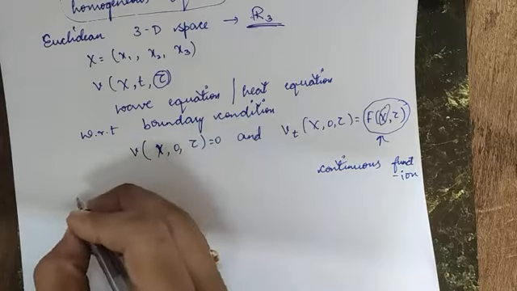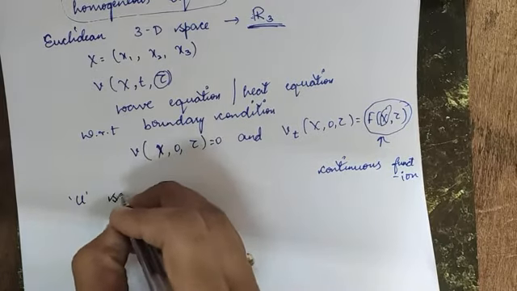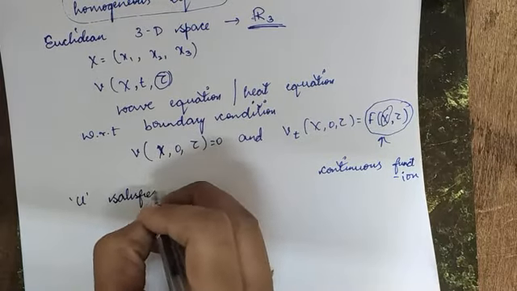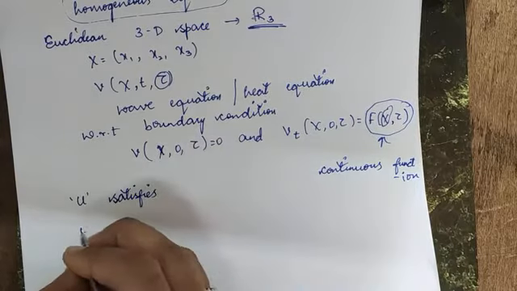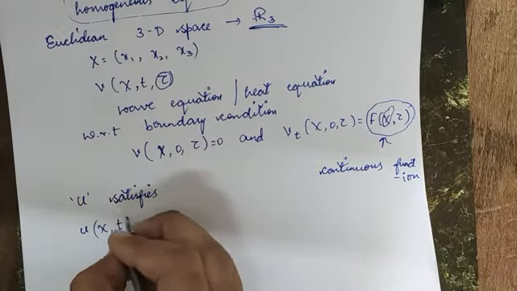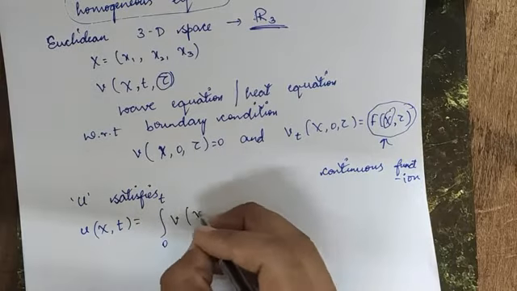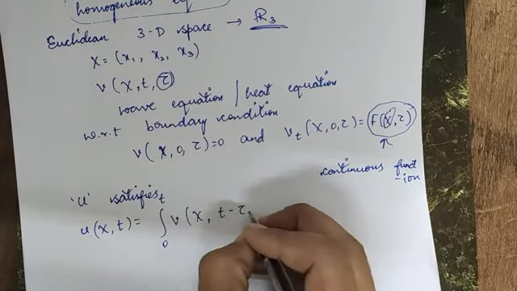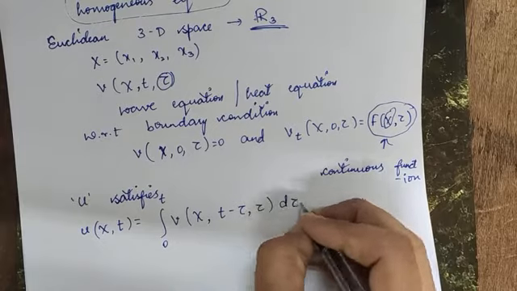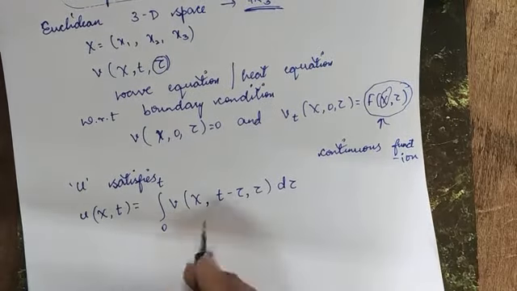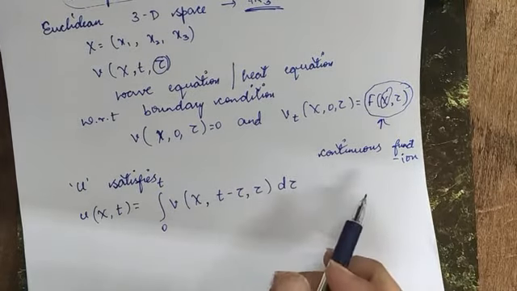If u satisfies u of x comma t is equal to integral over 0 to t v of x comma t minus tau comma tau into d tau, then we can say that Duhamel's principle is verified.